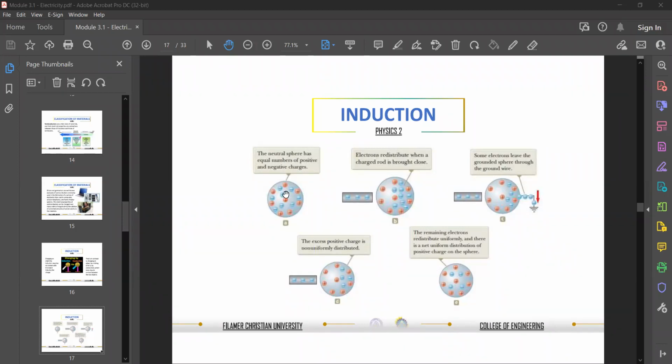Ito, yung A. So that is a conducting sphere insulated from the ground, so wala tayong connection dyan. So there are an equal number of electrons and protons in the sphere. Okay, so kung 10 na siya ka-protons, 10 man na ka-electrons da.